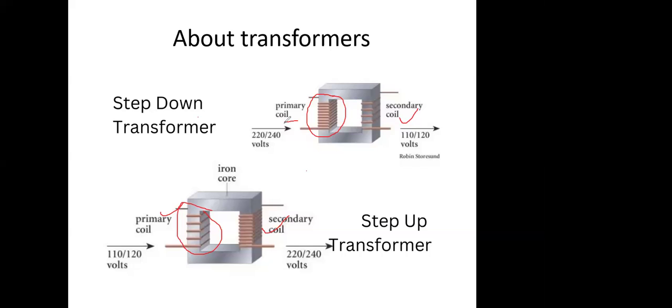So when it enters as 110, according to the number of coils, it goes out as 240. That means it has been increased. That is what a step up does. It will increase your voltage according to how you will use it.